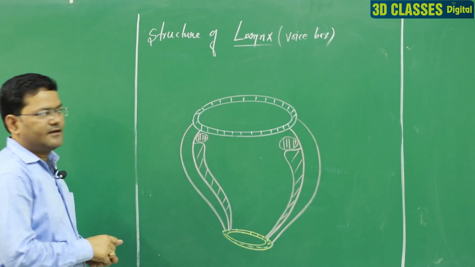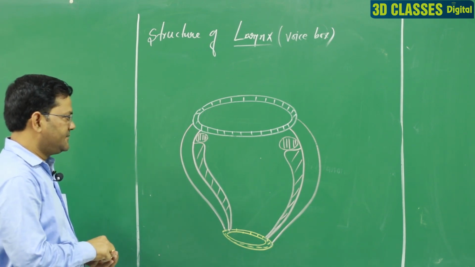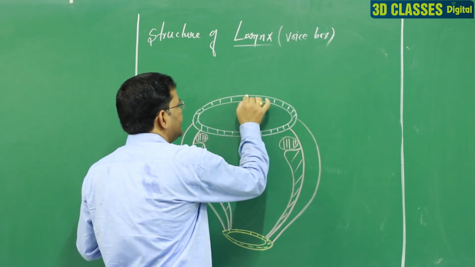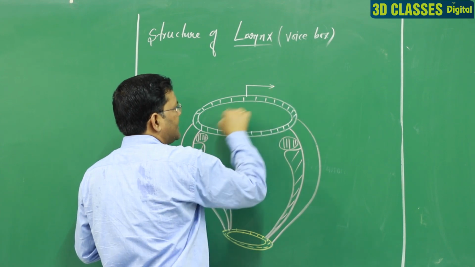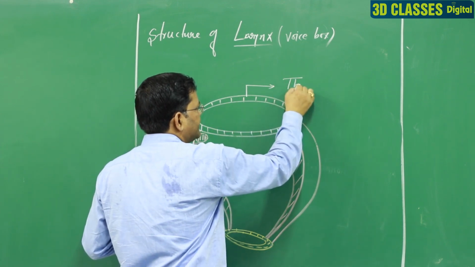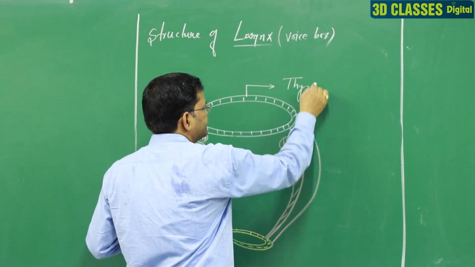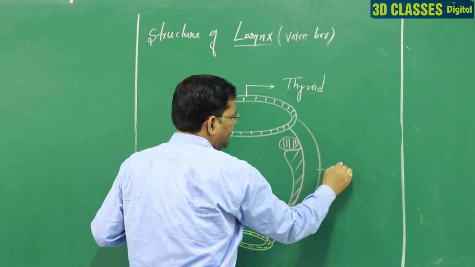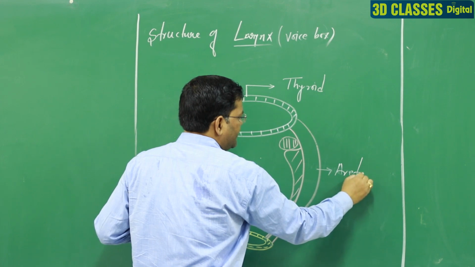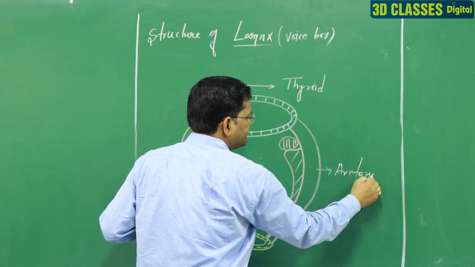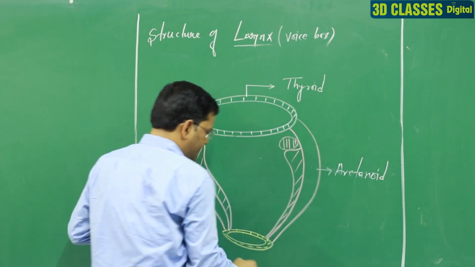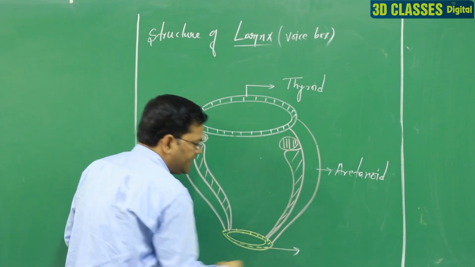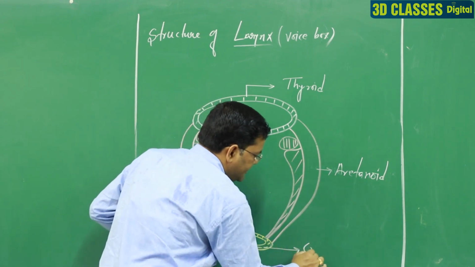That name is cartilage of Santorini. That means the name of this cartilage is thyroid. The name of this pyramid shape cartilage is arytenoid. The name of this end cartilage is cricoid.